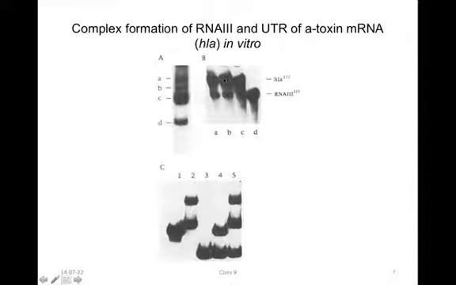And what they're saying in image B is you can resolve the HLA, the alpha toxin, and RNase 3 by varying what you're adding into the columns.